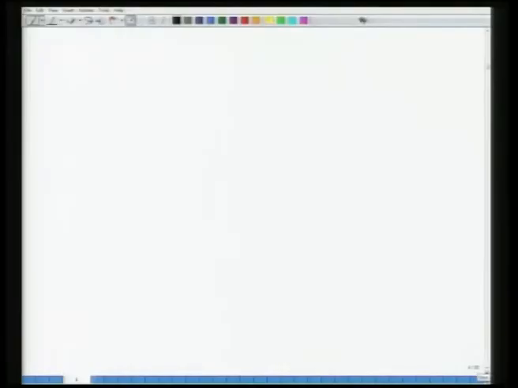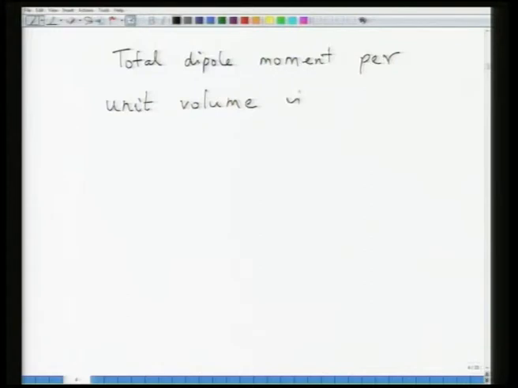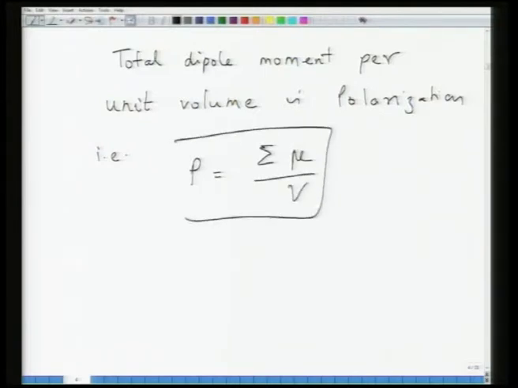So, when you generate dipole moments, the total dipole moment per unit volume is the polarization, which is sigma mu divided by V. So, this is the sum of all the dipoles in a given system over its volume.